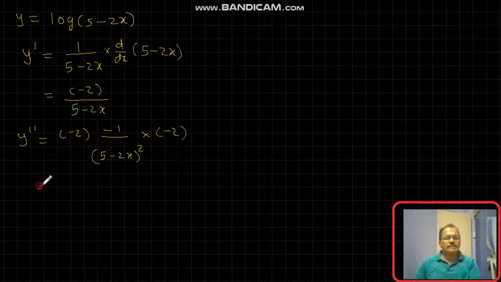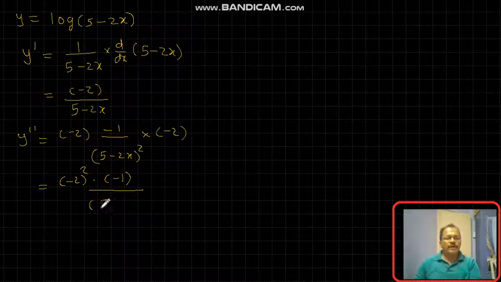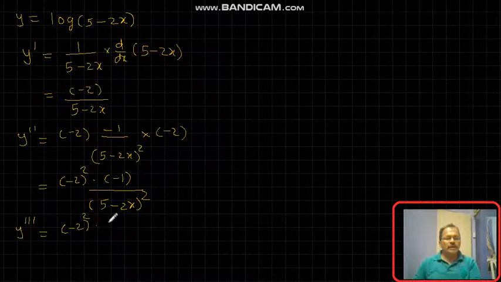So I can write this as (−2)² into −1 upon (5 − 2x) bracket square. The third derivative y''' is equal to these constants as they are, (−2)² into −1.